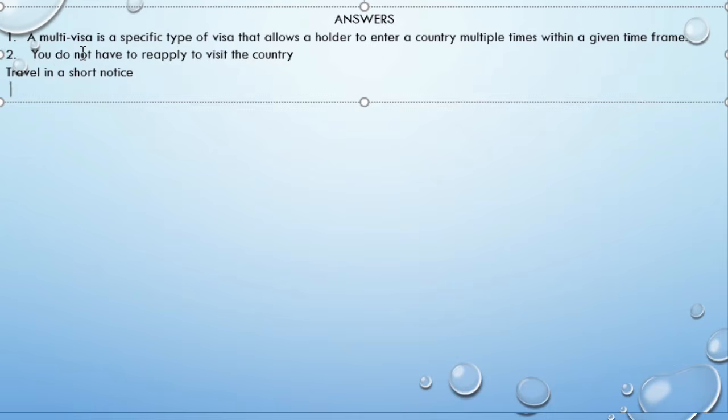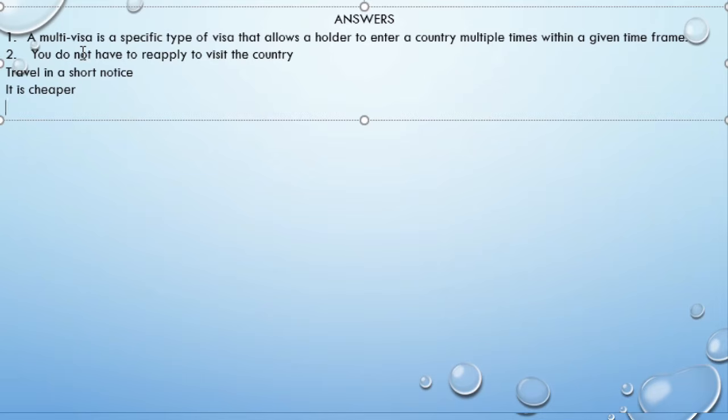Remember, guys, we said that the European countries were popular and they came together, and then they decided that people don't have to reapply for visas. They can use one visa to visit different countries in Europe. So that meant it was cheaper for people to travel because you only need one visa. So that is another advantage of a multi-visa.